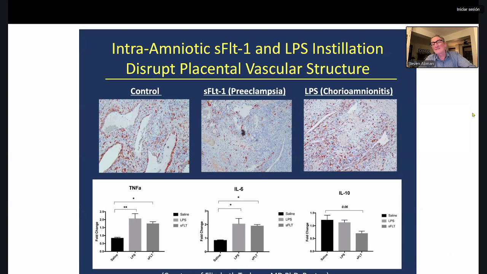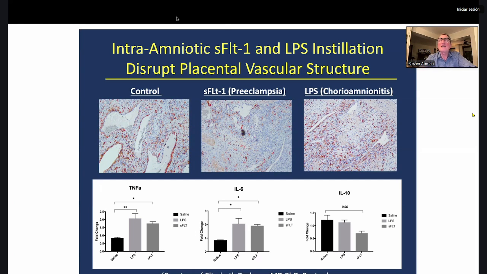We further looked at these models by mimicking preeclampsia and then mimicking chorioamnionitis in rats. And we did this by doing intraamniotic injections. S-FLT is an endogenous inhibitor that's markedly elevated in preeclampsia, striking biomarker. But S-FLT itself inhibits VEGF, and sure enough, it causes the same kind of placental and neonatal abnormalities that we've previously reported.